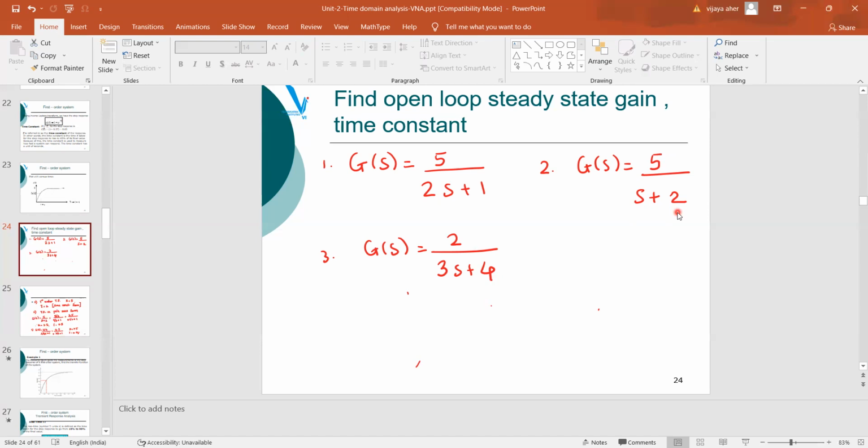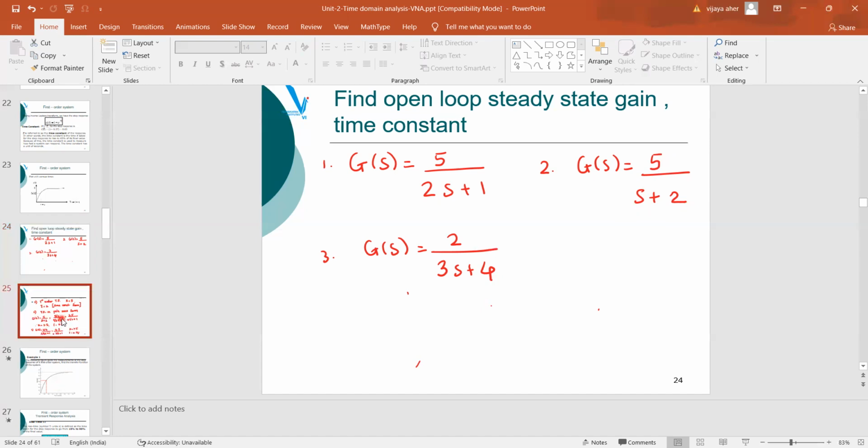Simplify, 5 divided by 2 means 2.5. So your equation for the transfer function for first order system in terms of poles and zeros, you will get 2.5 divided by 0.5 s plus 1.